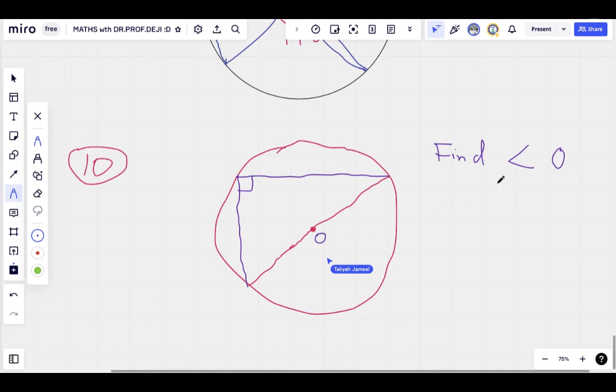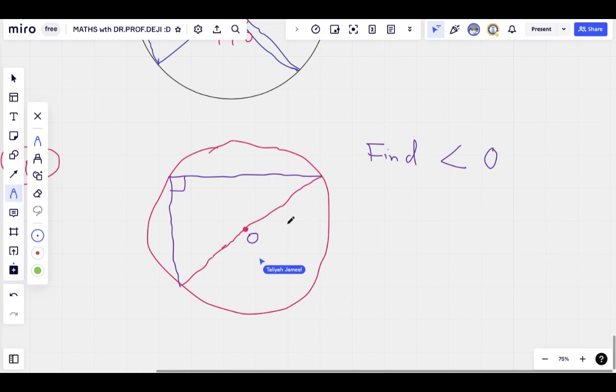Remember the rule, angle at the center is twice the angle at the circumference. This is the angle at the center, this angle. This one is 90 degrees, so the angle at the circumference is 90. Therefore, the center will be 2 times 90.